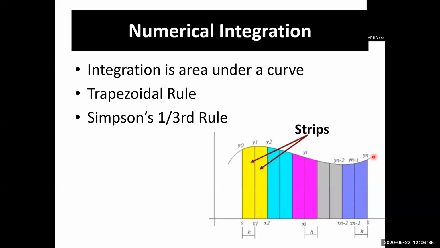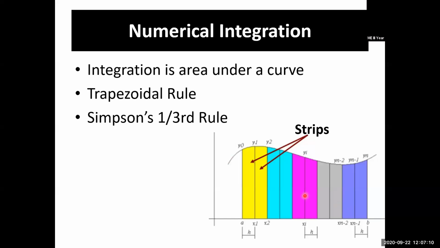Suppose these are the area under that curve, from this point to this point. The total area under that curve will be nothing but the integration. If you find the integration of that curve, the integrated result will be nothing but the area under that curve.